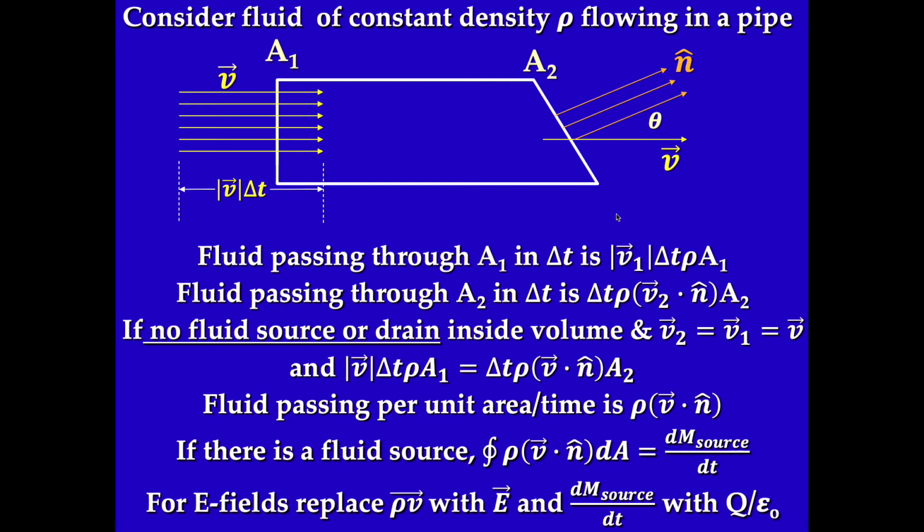To help us understand a little bit more this idea of flux in general, consider a fluid of constant density flowing through a pipe. And I drew a weird pipe.